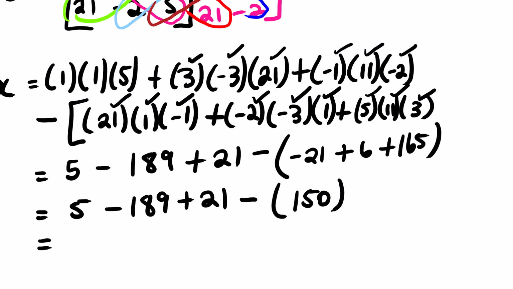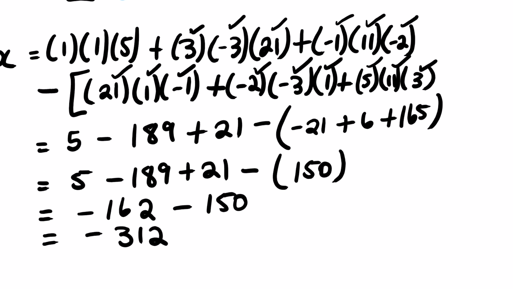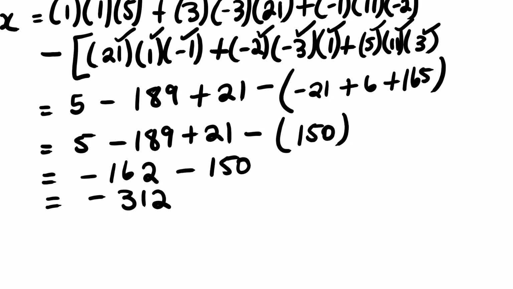And then we have this 5 minus 189 plus 21. The answer should give us negative 163 minus 150. And then the answer will give us negative 312. So this is the determinant when we replace the x values with our results.